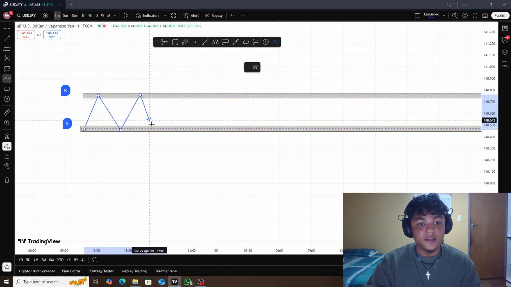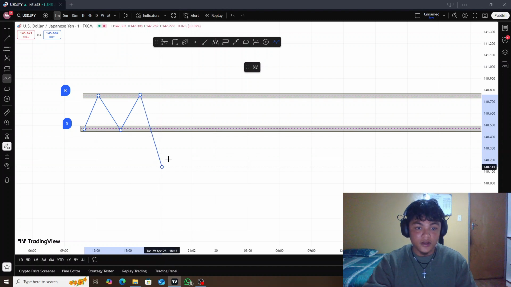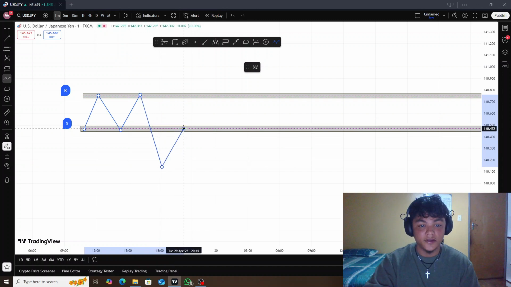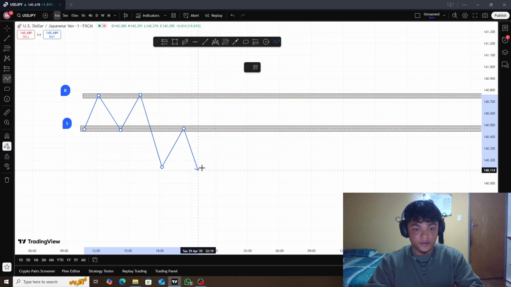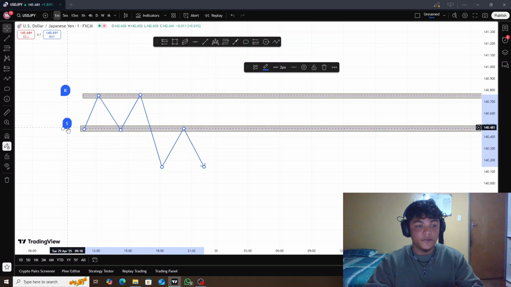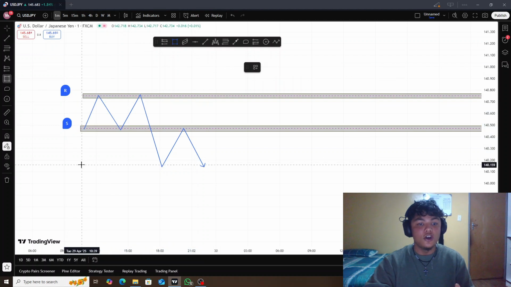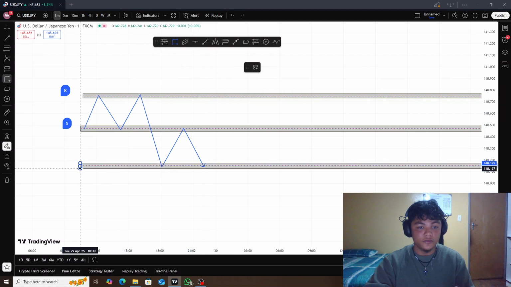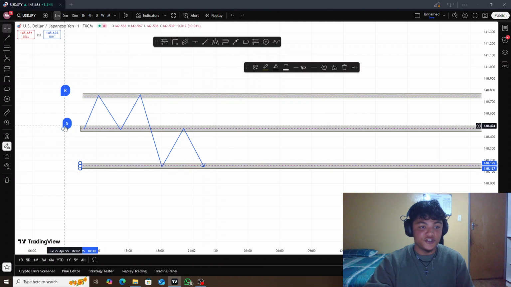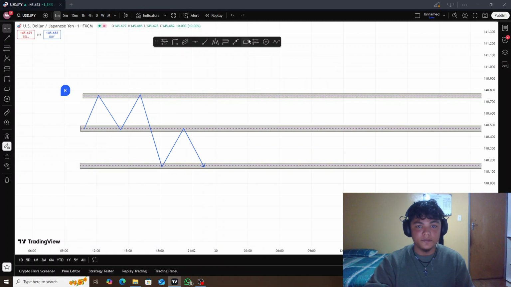And now the market decides it's going to break the support, goes up again to retest the support level, but now it shoots down again. It will change from support to resistance because now we are working with two new zones. So let's change this to resistance.